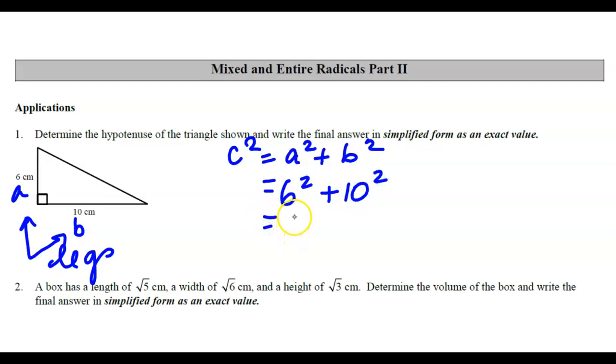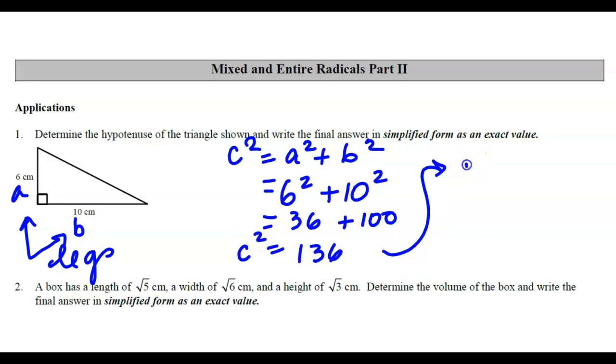And so that's going to be 36 plus 100, which is 136. And then remember, to solve that, we take the root. Now, if this wasn't an application, it would be either positive or negative. But for a triangle, you can't have a negative length. So it's going to be the positive root of 136.